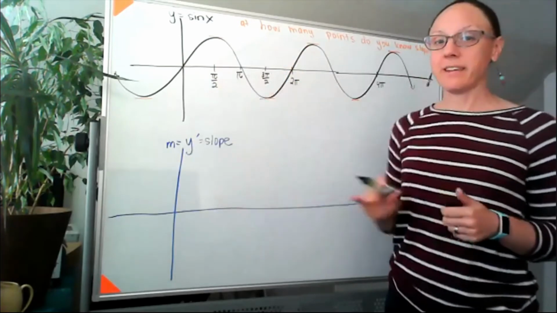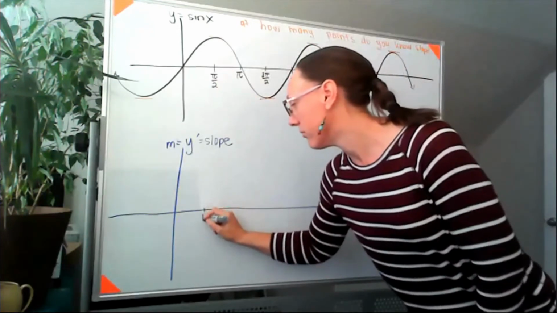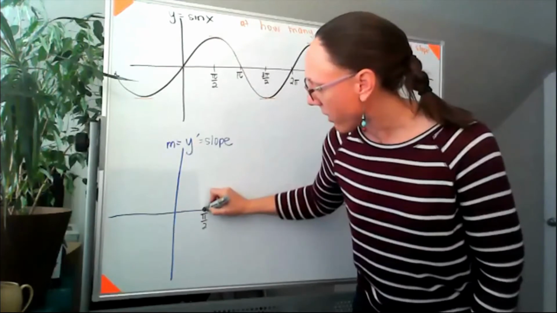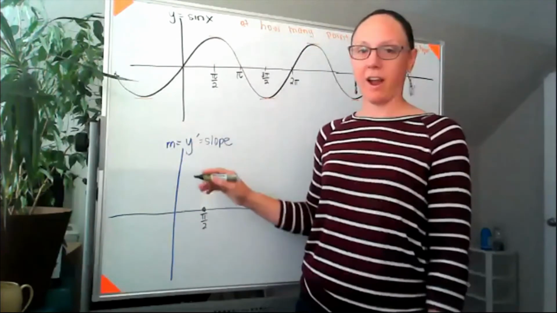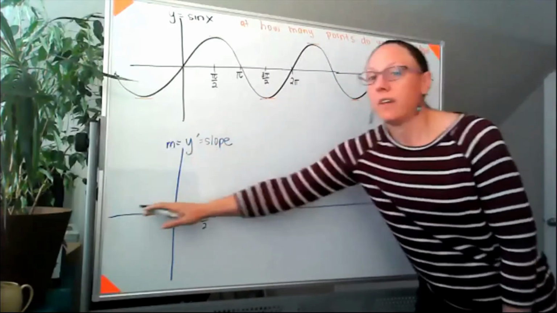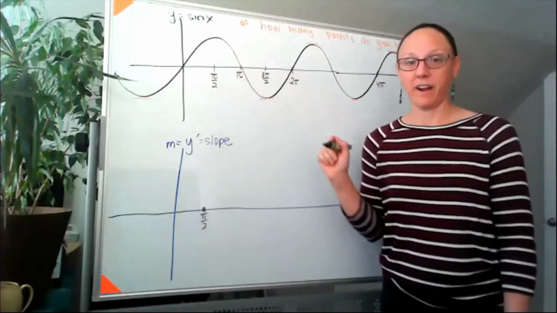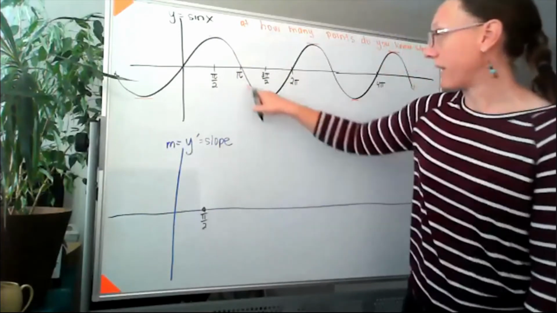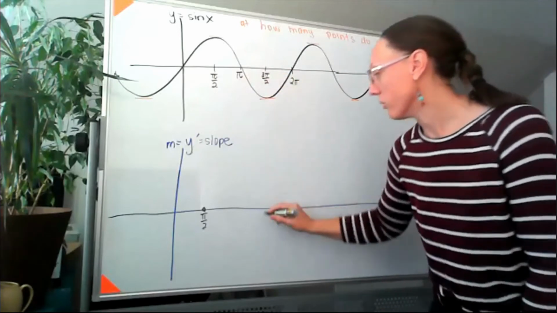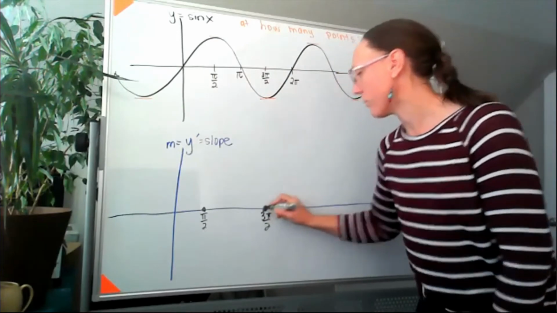So if I'm copying down my slope, I know that when x is pi over 2, my slope should be 0. And thinking about this graph, because the vertical axis here is my slope, I know that this represents a slope of 0 anywhere up there. So my next slope of 0, well at pi my slope is not 0, but at 3 pi over 2, I do have a slope of 0.